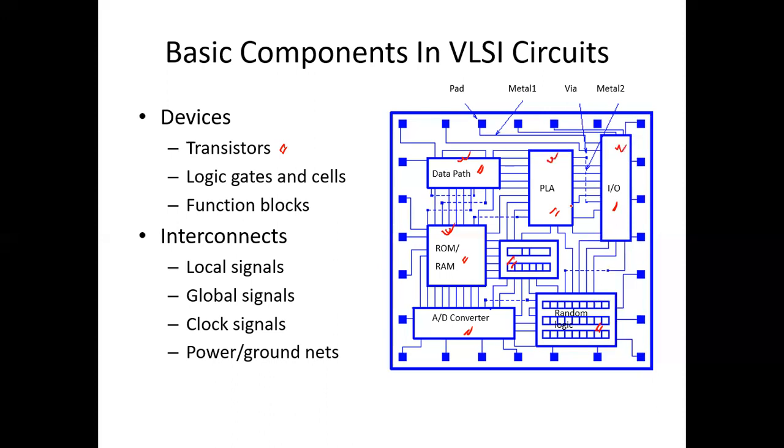PLA, IO, random logic, A to D converter: these are what we consider functional blocks. So when we make a system or device, first we identify those functional blocks.